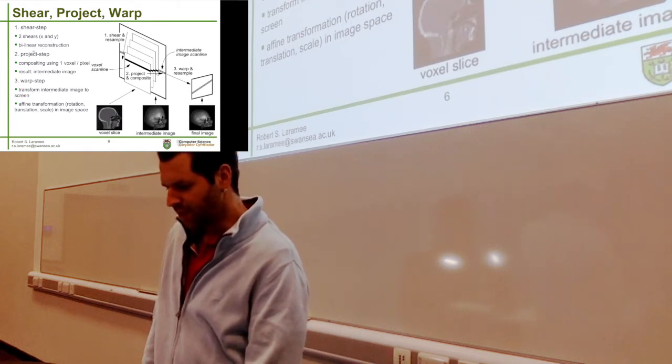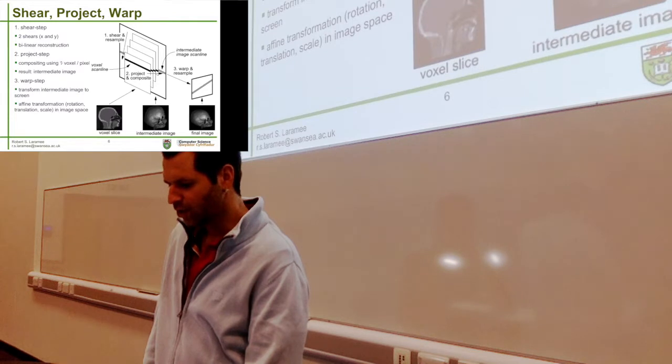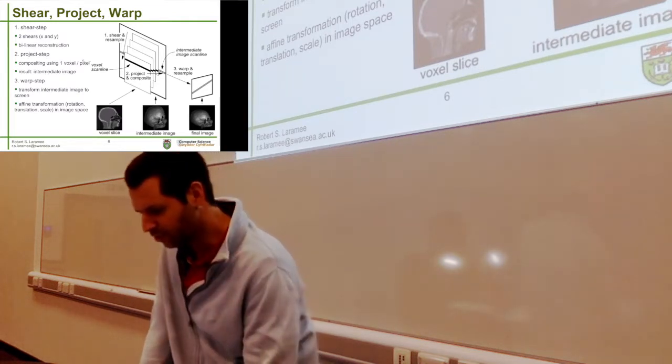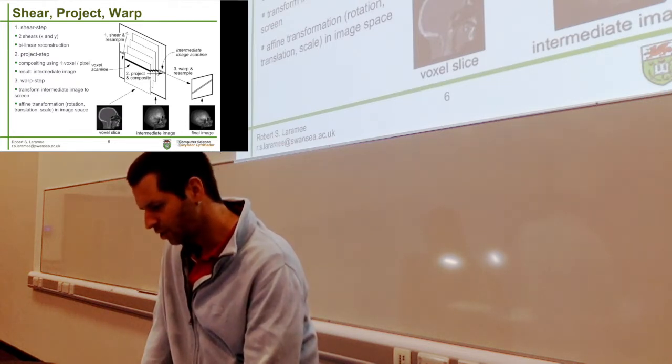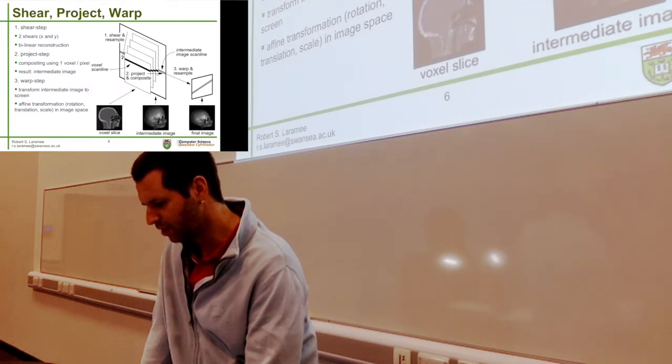The next step is called a projection step, and that's the compositing, to create a 1-to-1 voxel to pixel ratio. The shear in this example is along X and Y in this direction.